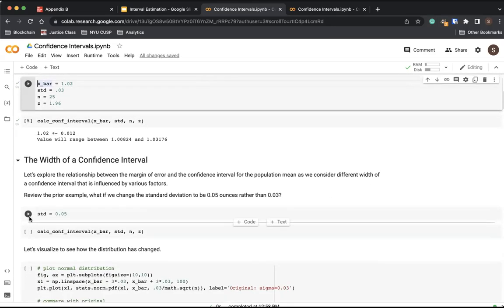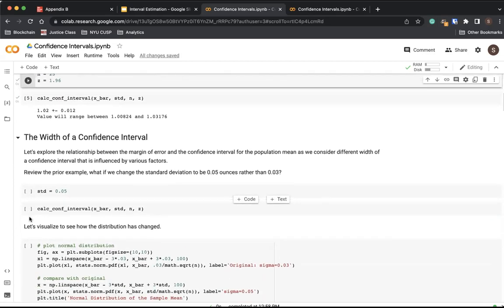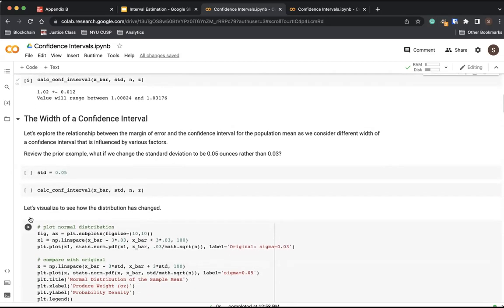And I just want to play around a little bit with this concept and explore what would happen if we change some of these different input parameters. So let's explore this relationship of margin of error and confidence interval if we had a different standard deviation. In this case, what would happen if we change the standard deviation to be 0.05 ounces rather than 0.03 ounces?